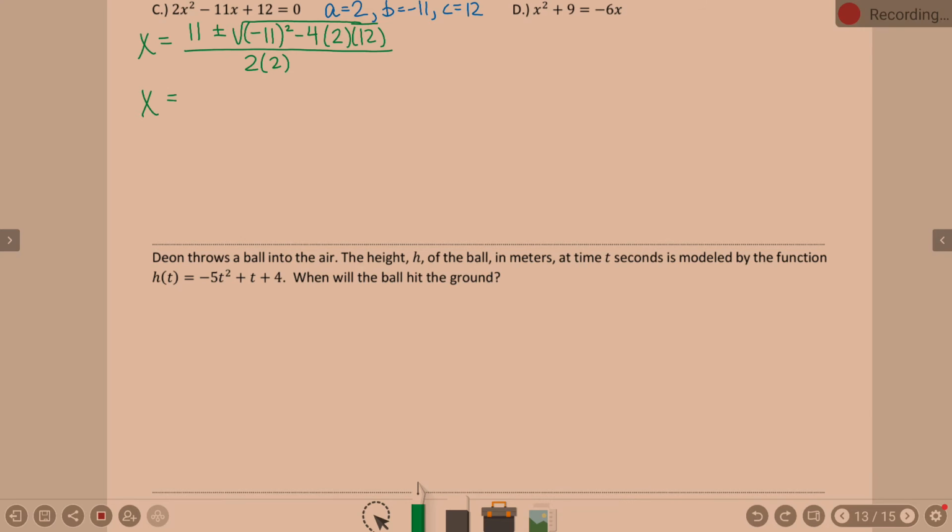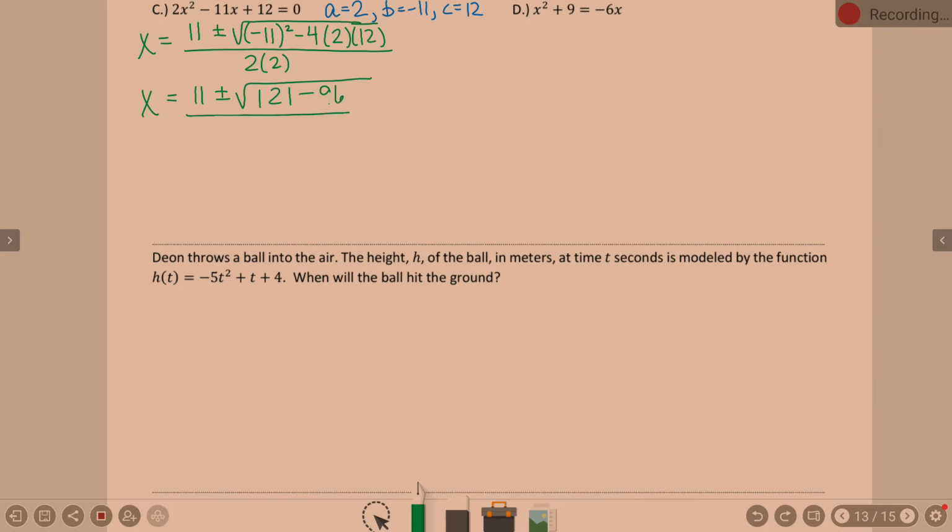11 plus or minus the square root of negative 11 squared. I'm squaring it, so it's going to be positive. 11 squared is 121. There's just a minus there. 4 times 2 times 12. 4 times 12 is 48, and 48 times 2 is 96.